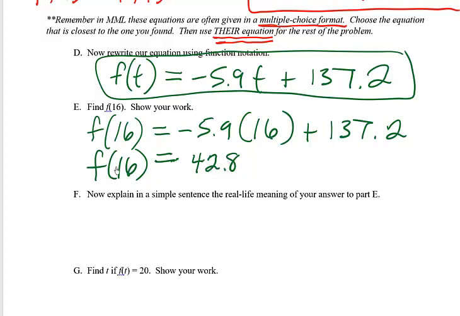Well, what does that mean? What does that have to do with the post office situation? Well, when you write one of these sentences, you have to take into account both numbers. You have to take into account the starting number, the 16, and you have to take into account the ending number. So we better figure out what these things mean. 16 what? Well, remember, 16 was a t.